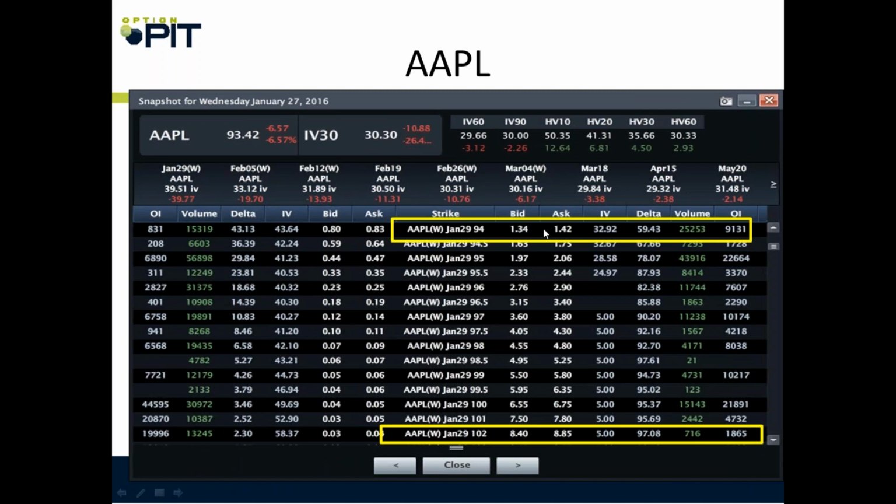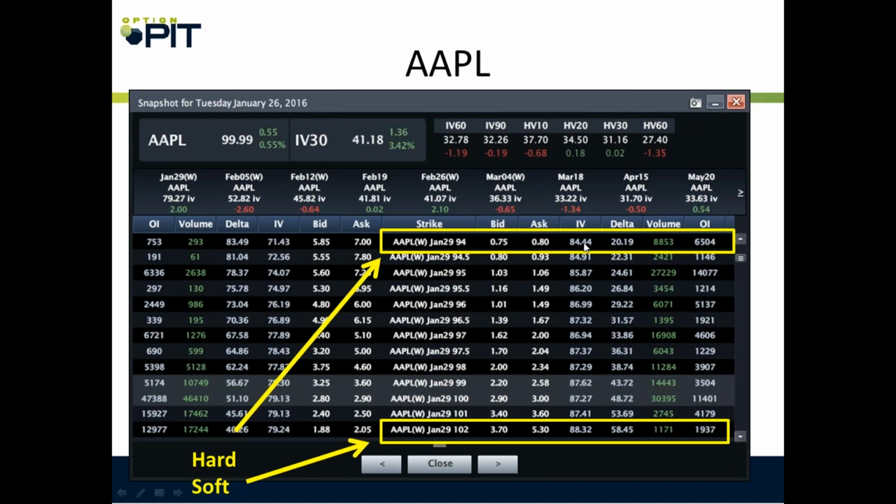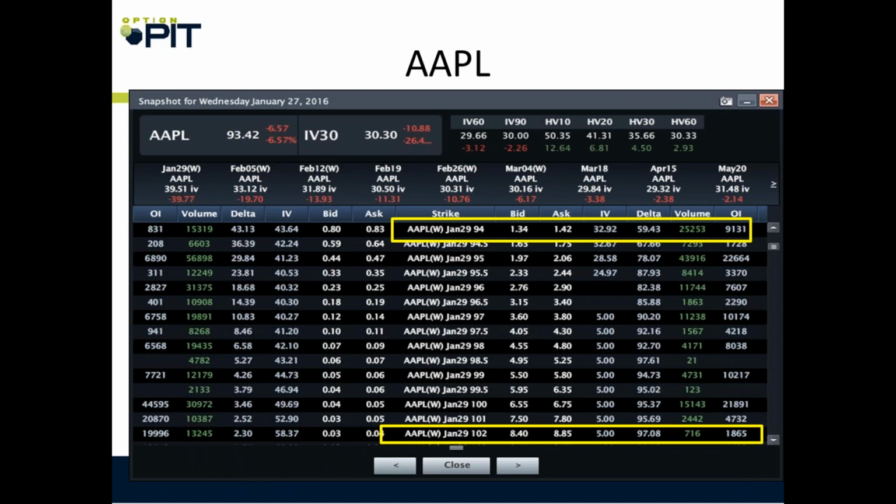In this case, because of this high implied volatility, 84, I wanted something a little harder. I wanted a harder delta. Does everyone understand the difference between owning a hard delta and owning a soft delta in terms of exposure?